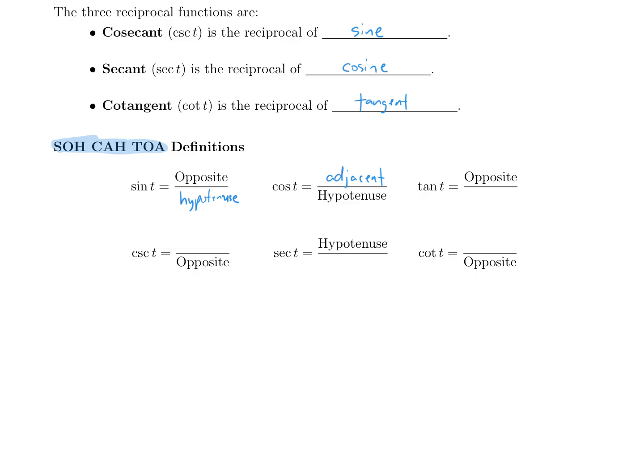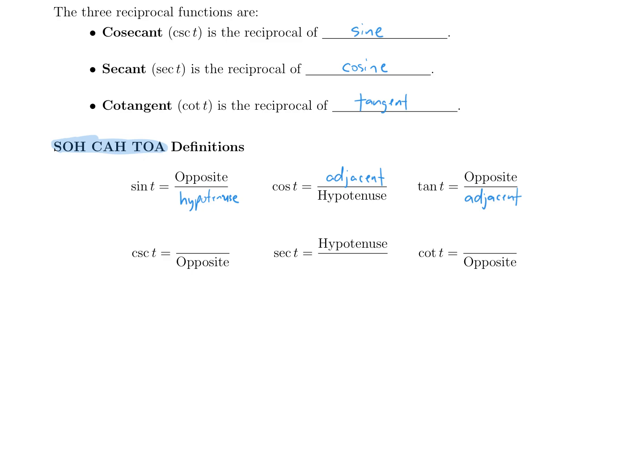And tangent is opposite over adjacent. So remember that this acronym should help you remember that sine is opposite over hypotenuse, cosine is adjacent over hypotenuse, tangent is opposite over adjacent. And then you have the reciprocal functions that we just kind of defined earlier.